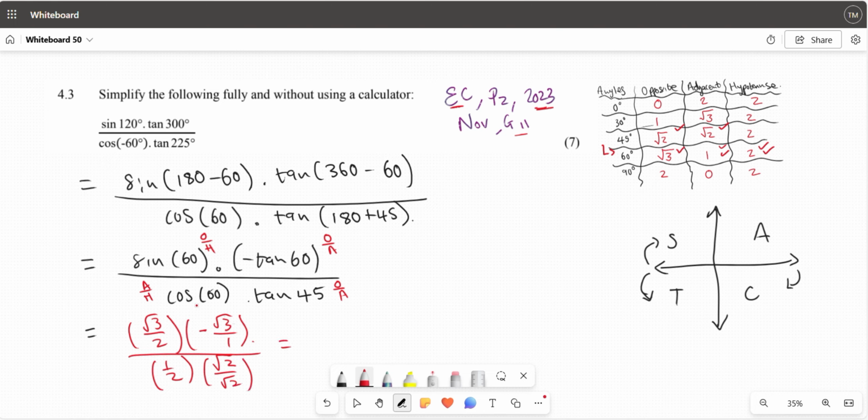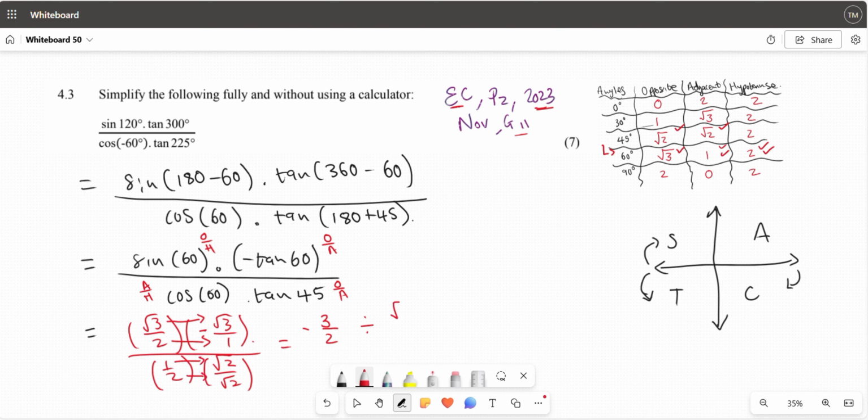Then at this point, I just multiply across. Numerator times numerator, denominator times denominator. For the numerator, I end up getting negative 3 over 2. That is being divided by here. Numerator times numerator, denominator times denominator.